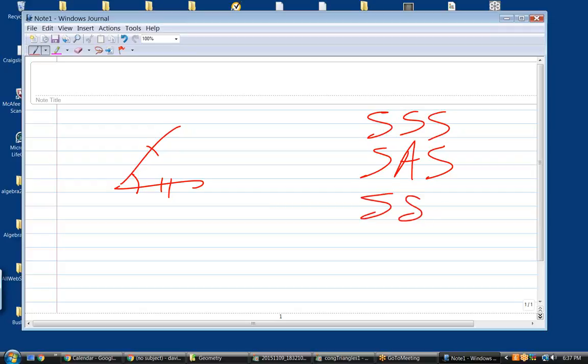This one is not a theorem. Unless, and I don't know what to tell you here, if the angle is greater than 90 degrees, you can use SSA. But it has to be greater than 90 degrees.